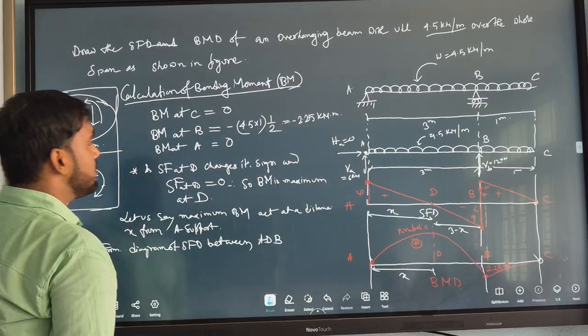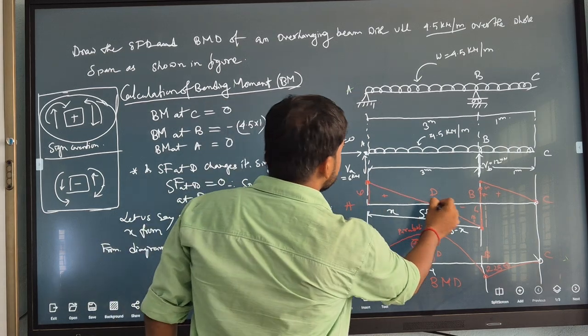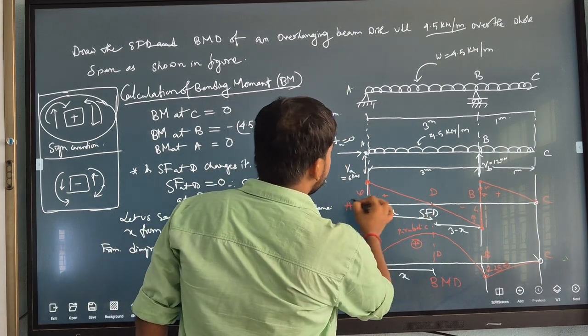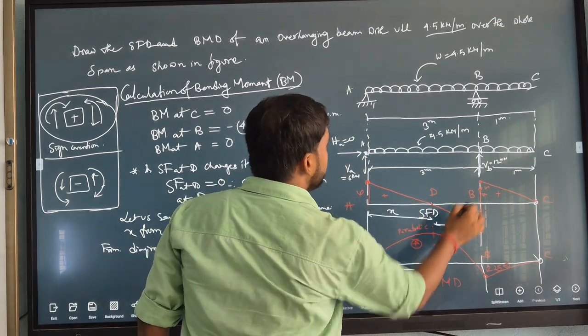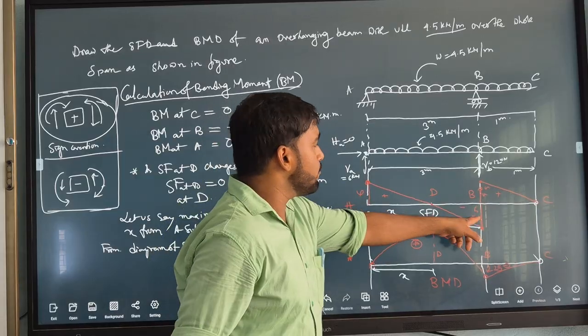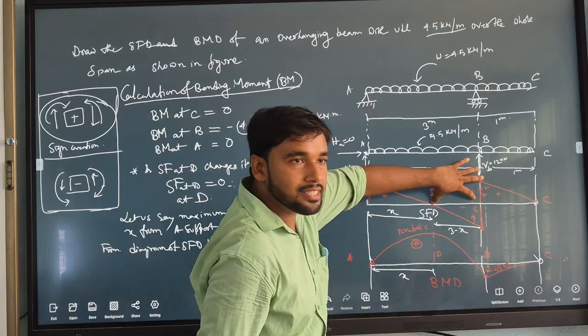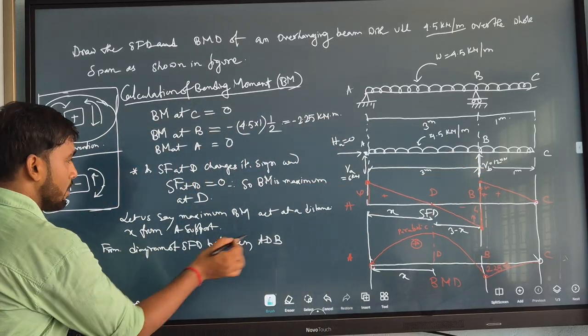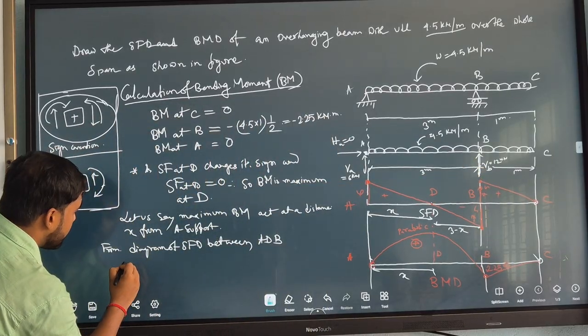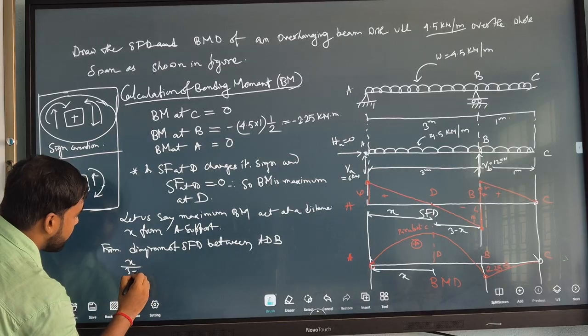So we can write, from these two triangle portions between ADB, 6 by 7.5 is equal to x by 3x.